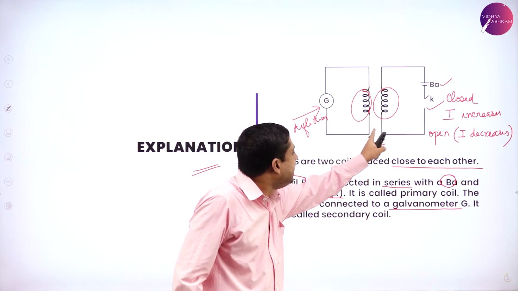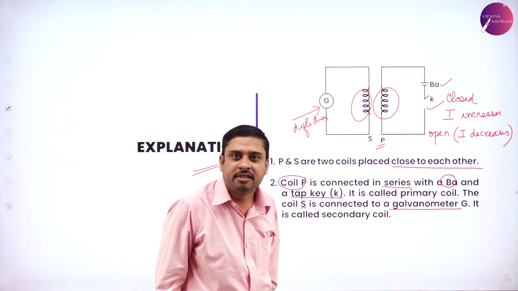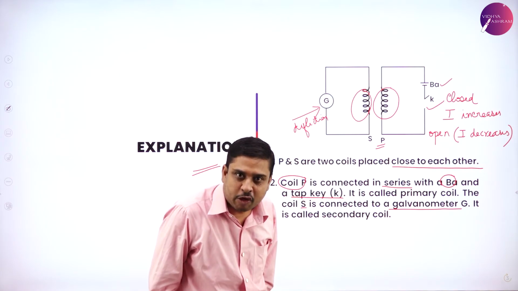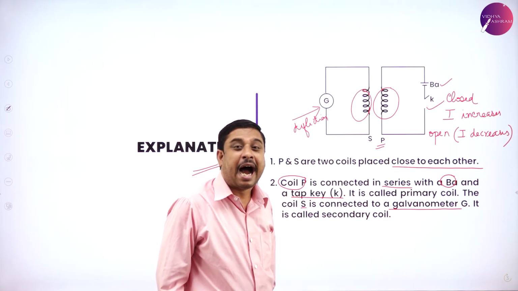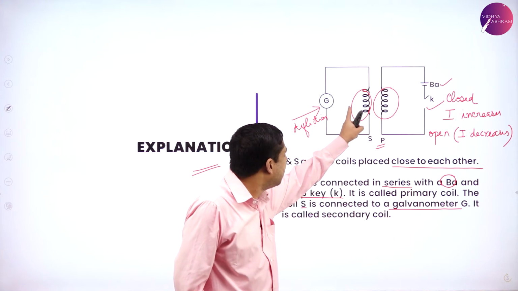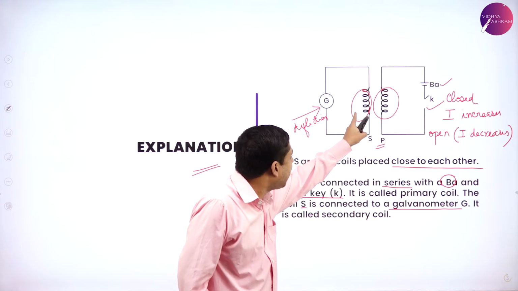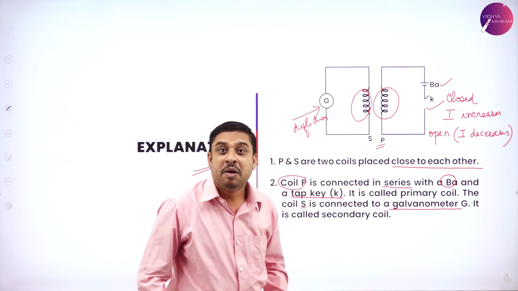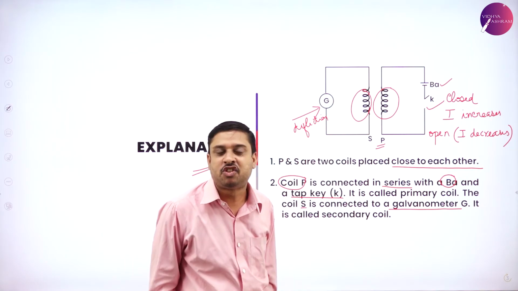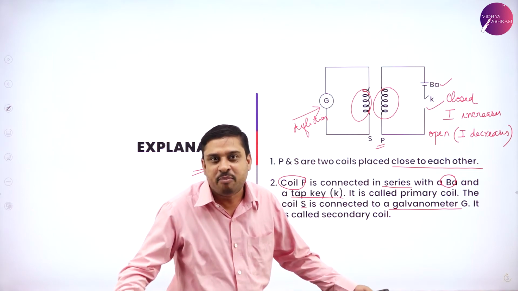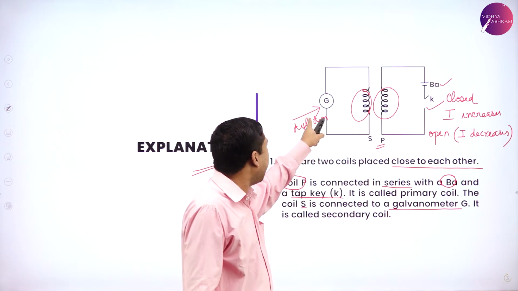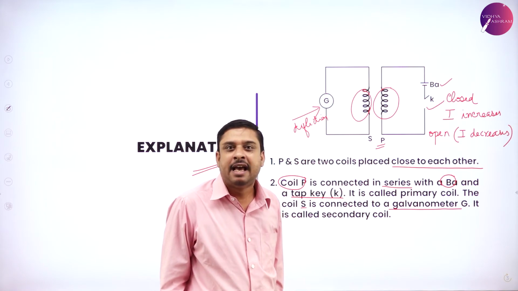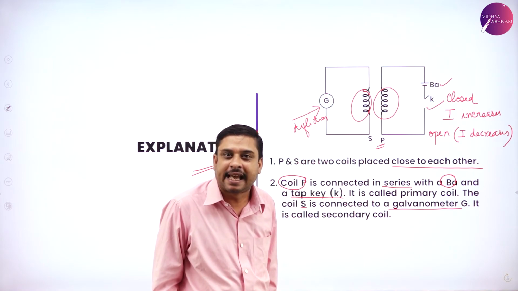This decrease of current in the primary coil again changes the magnetic flux linked with the secondary coil. Magnetic flux has changed, EMF is induced, and hence current is induced in the secondary.